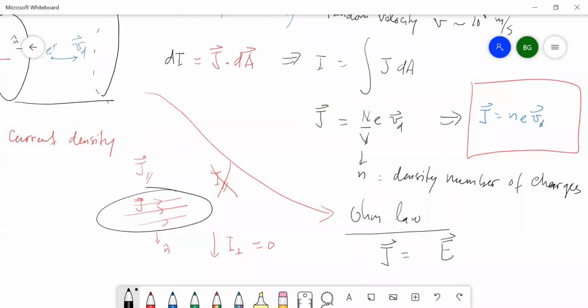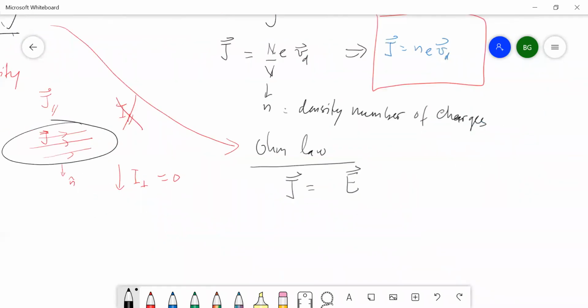E is the external field caused by this voltage source. Because this is proportional to the E, there is a constant here. This constant we call sigma. Sigma is the conductivity of the material, of the conductor.